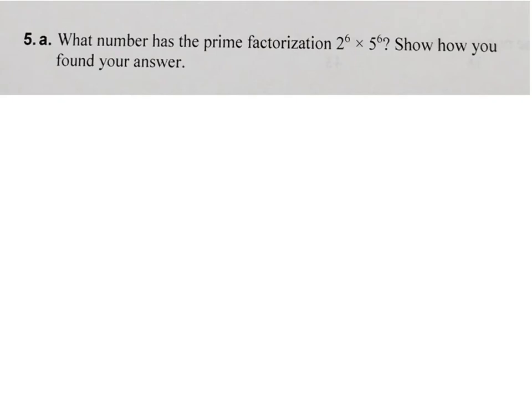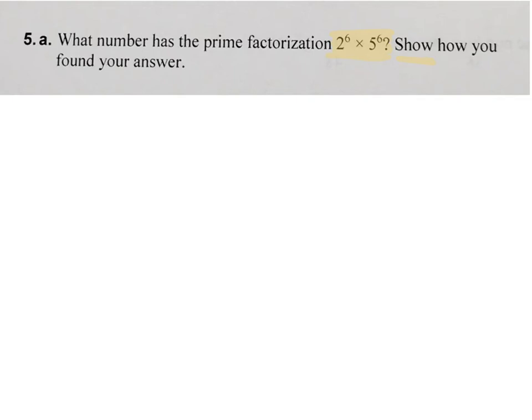5a, what number has this as a prime factorization? So what number has 2 to the 6th power times 5 to the 6th power? Show how you found your answer. So let's go ahead and do this. So we have to show how we're going to find our answer.